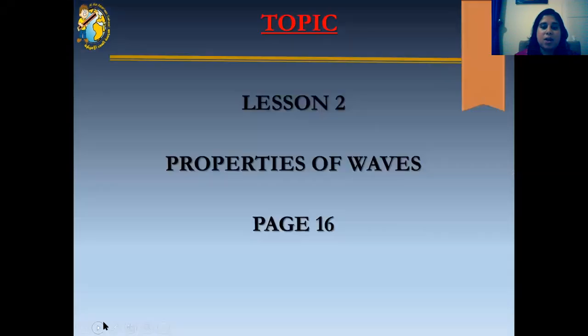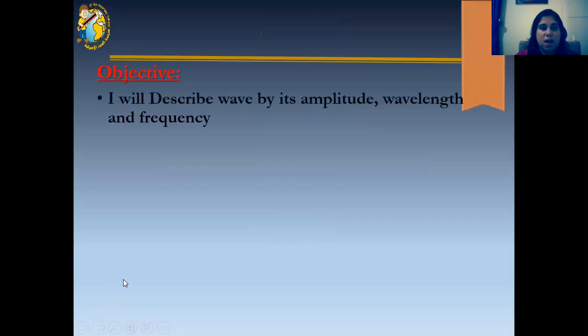Okay, now you can open page 16 of your book. But let's discuss the objective first. I will describe a wave by its amplitude, wavelength, and frequency.